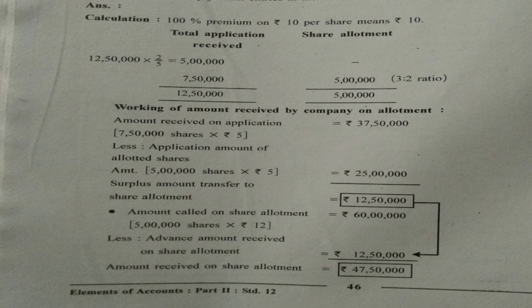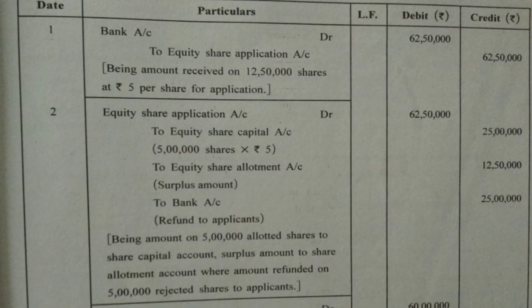Further, working notes are given here. This if you will study later, then it will be better. Let us move towards the understanding of journal entries at first. In that, I'll explain you the amount. And then if you will see this calculation, it will be clear. Okay. So the very first journal entry, we know it is always similar.